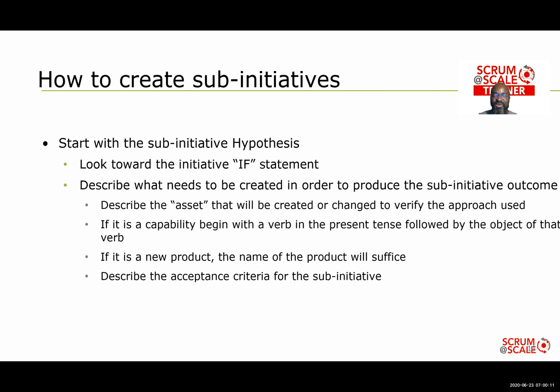I'll ask myself that question. All the characteristics that must exist so that I know that it's complete, I write those down as acceptance criteria. And then I put all that inside of the ticket of the user story, and I'm good to go from there for my sub-initiative, right? It's self-contained.